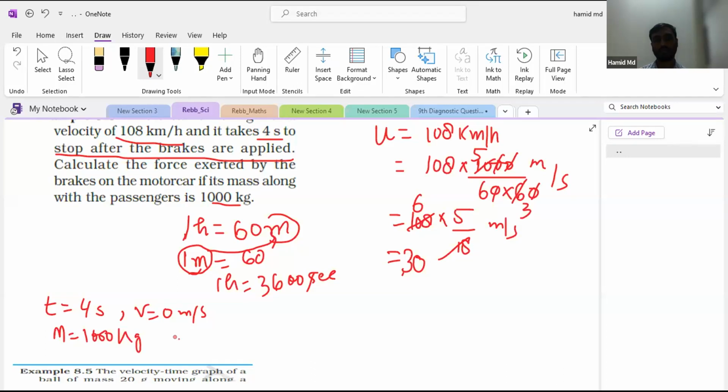Yes, sir. And the desired quantity is this velocity, right? How will you do it? Mass into acceleration, which is equal to mass into v minus u by time. That's good. Do it.